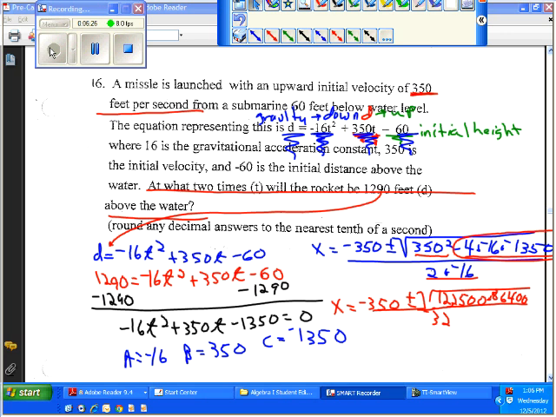Okay. And so now we're going to do what's in that parenthesis. And so we get x is equal to negative 350 plus or minus the square root of, what's 122,500 minus 86,400? 36,100 over negative 32.